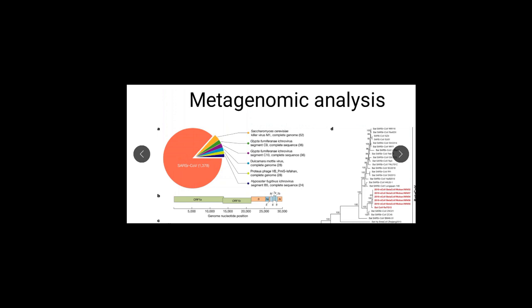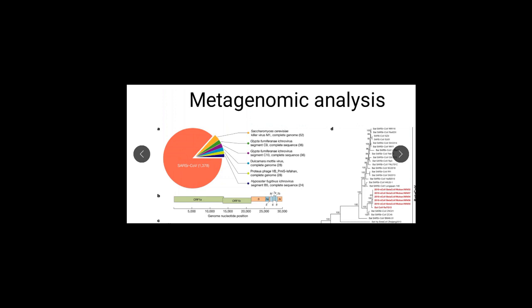After the analysis of these samples, we do the PCR test. With the PCR test we are checking for the presence of the SARS-CoV-2 genome, and from 1578 samples, 1378 samples seem positive for the coronavirus.